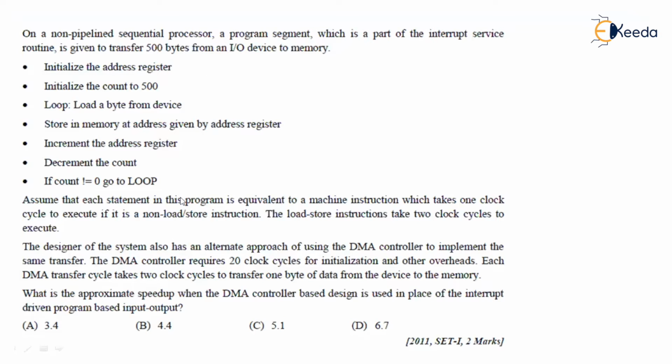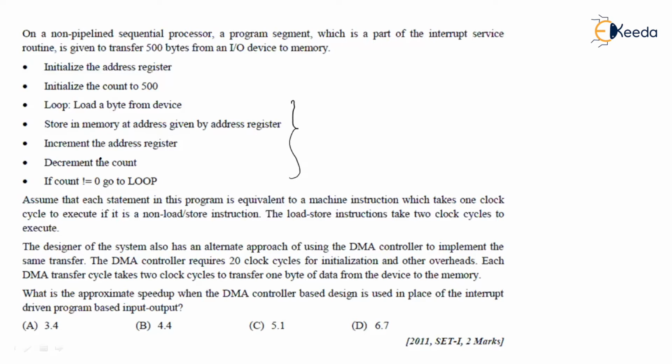Here is the program. Initialize the address register, initialize the count to 500, load a byte from the device, store in memory at an address given by the address register, increment the address register, decrement the count. If the count is not equal to 0, go to loop. So this is the loop section.